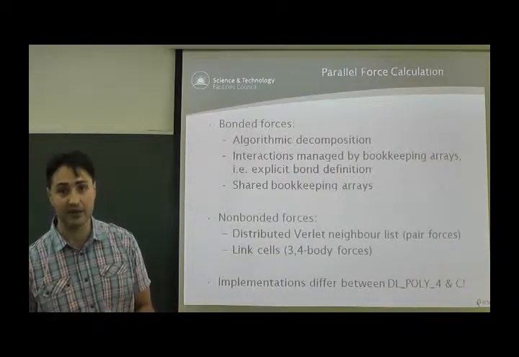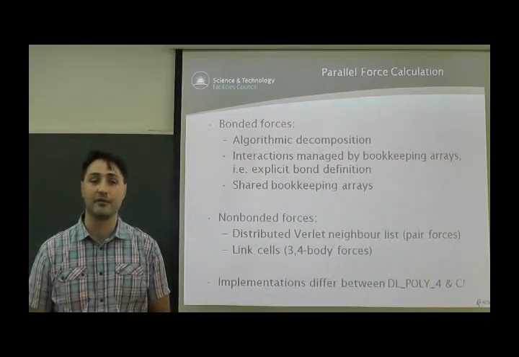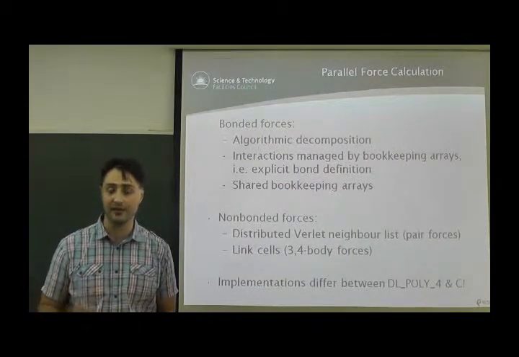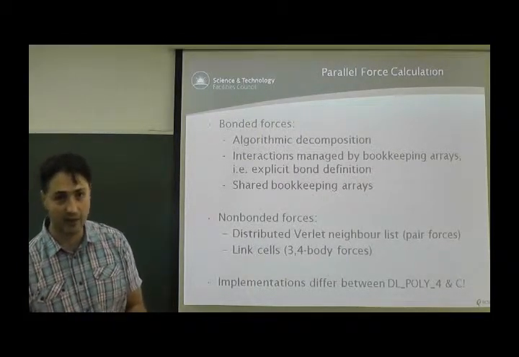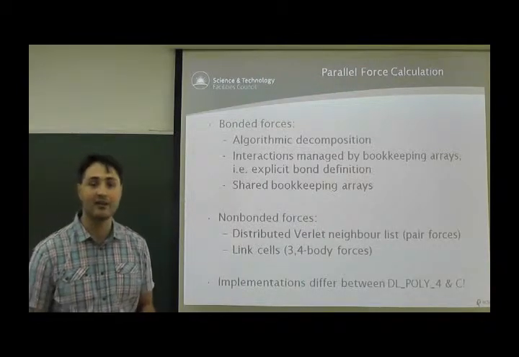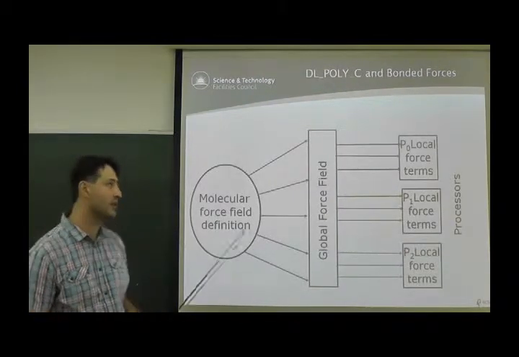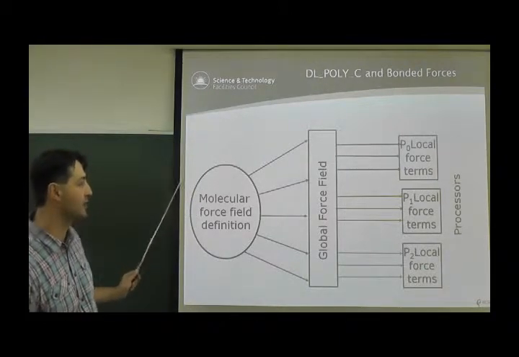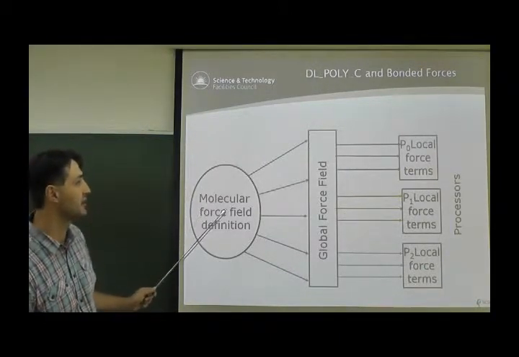The implementations of those arrays and algorithms actually vary between DL Poly 4 and DL Poly Classic. And we will show how and why they need to vary. For example, in DL Poly Classic, it is very simple to count the bonded interactions.